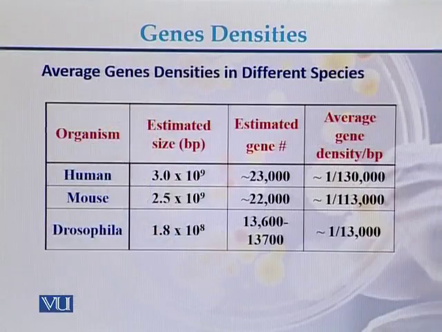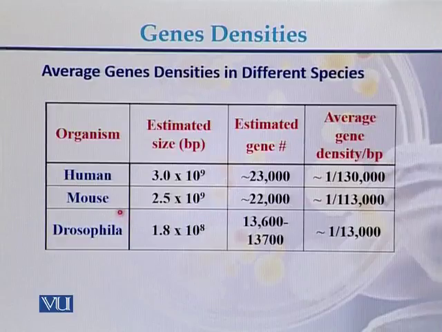This is a table that describes the average gene densities in different species. Here we can see, in the case of humans, the size of the genome, the estimated number of genes, and the average gene density. On average, there is one gene in 130,000 nucleotides.